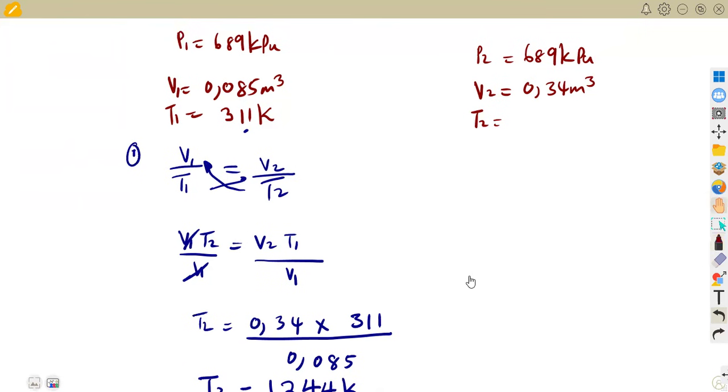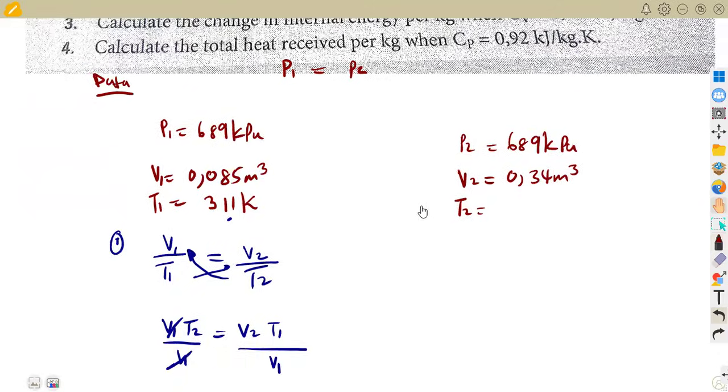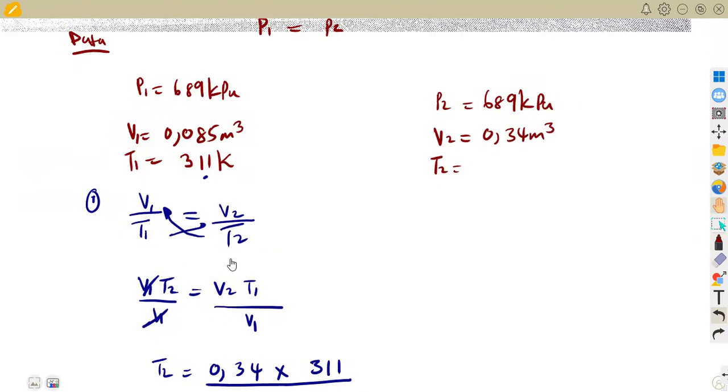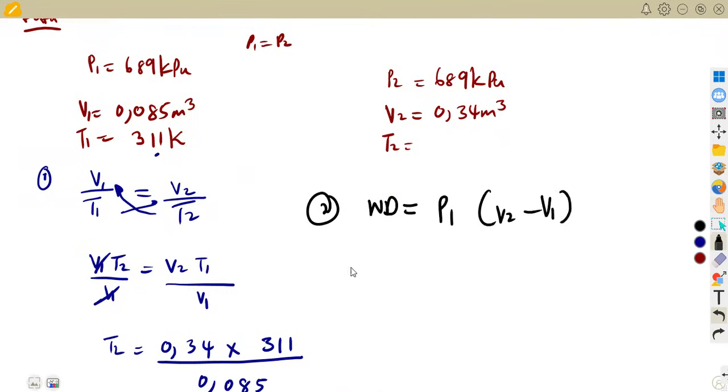Okay. Then the other part of our question was to calculate the total work done in kilojoules. All right, the total work done. So under an isobaric process, where the pressures are the same, P1 being equal to P2, we can calculate the work done by the formula P1 times V2 minus V1, the change in volume.